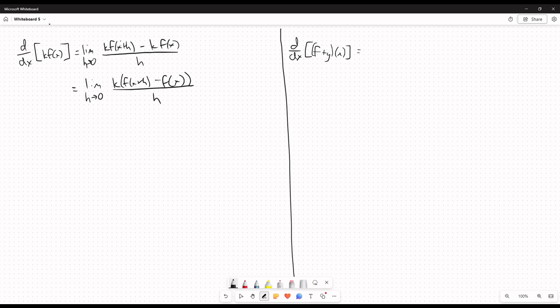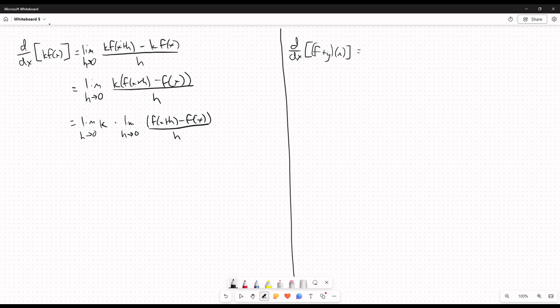And one rule that we have with limits is that if you have something being multiplied together, you can take the limit of each of those separately. So you could think of that as the limit as h approaches 0 of k times the limit as h approaches 0 of f of x plus h minus f of x over h.